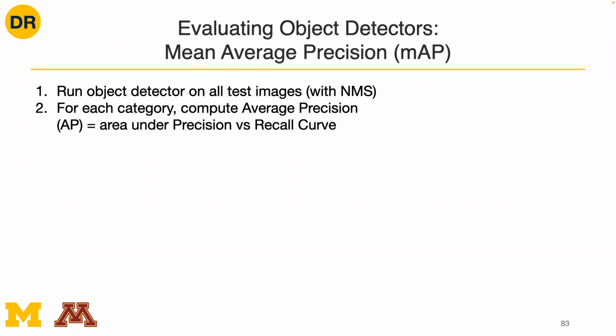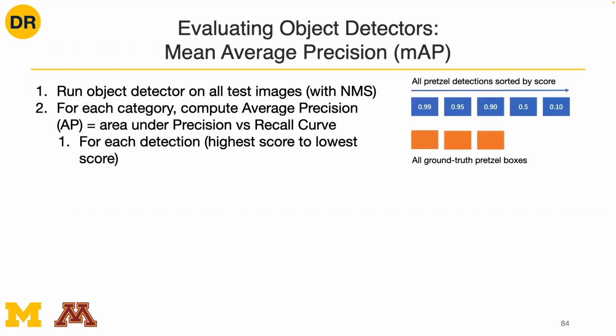And then you did this post-processing where you use non-maxima suppression, and now you have a bunch of outputs. So you would try to compute what we call average precision for each category. Average precision is defined as the area under the precision recall curve. So let us go through this example so you understand what that is.